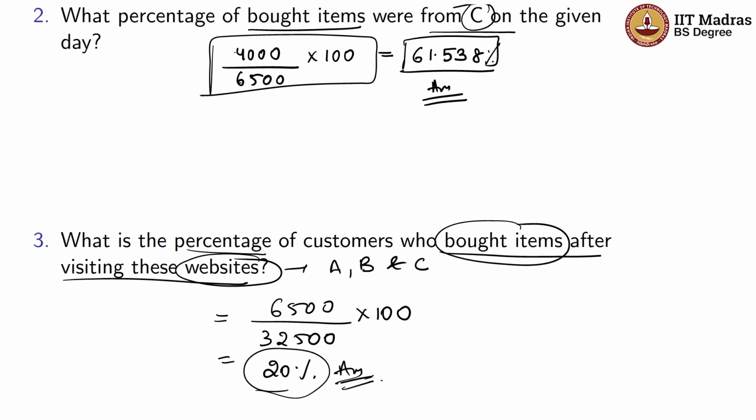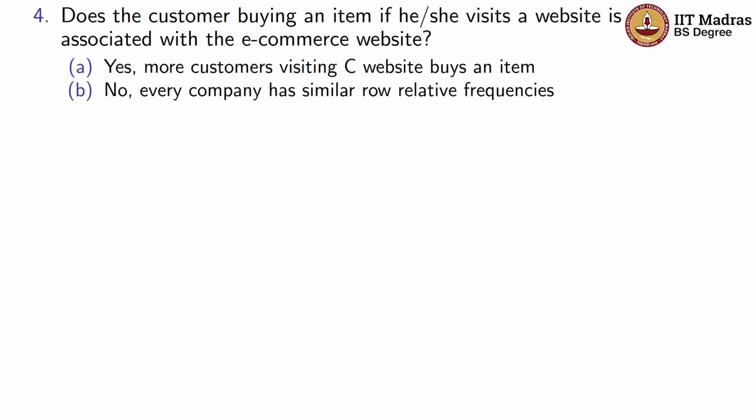Okay. Now next question. Does the customer buying an item, if he or she visits a website, is associated with the e-commerce website or not? So for that, we will calculate the row frequency.